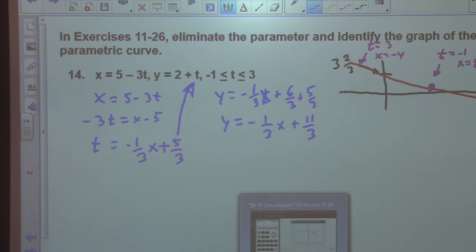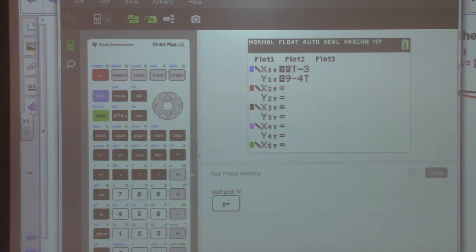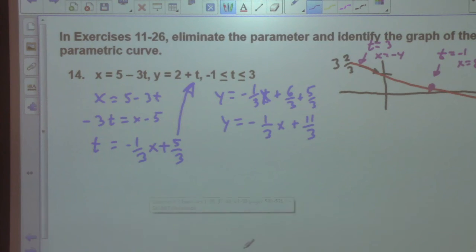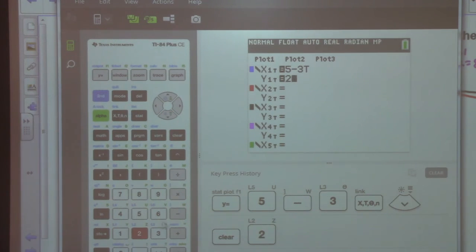5 minus 3t, 2 plus t. I don't know what I did to my calculator, my poor calculator. Okay, 5 minus 3t, and then down here, 2 plus t.